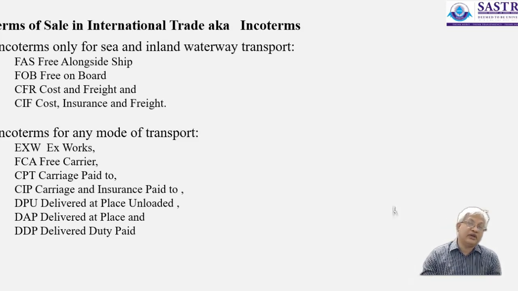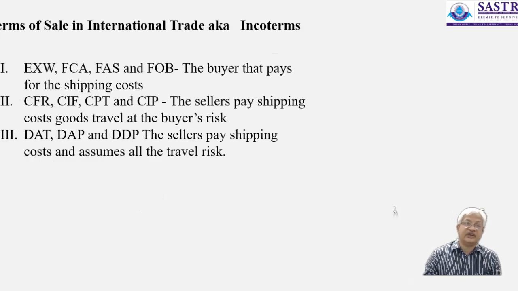So you can look at it in this grouping also. Now we have grouped it in the next slide based on a very important obligation. Let us see what it is. Ex-Works, FCA, free carrier, FAS, free alongside ship, and free on board: all these terms, whenever mentioned, mean that the buyer pays for the shipping cost. That is the importer.